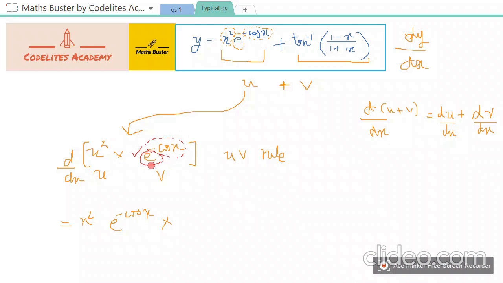This is your main function, and this is your input for the main function.